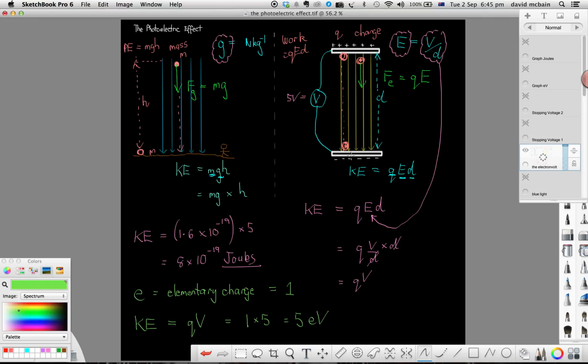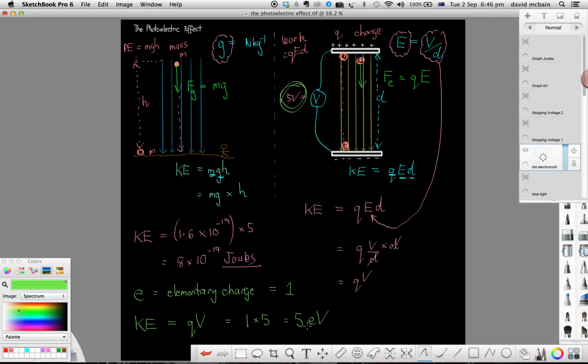So the two ways we could quote the energy on this charge is either 8 times 10 to the negative 19 joules or simply 5 electron volts. Now you'll notice that it was accelerated across a voltage of 5 volts.